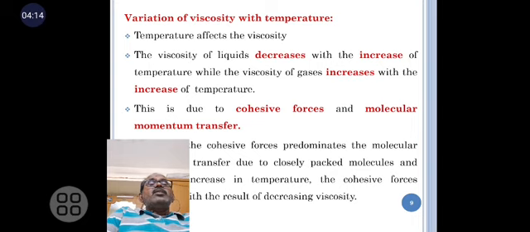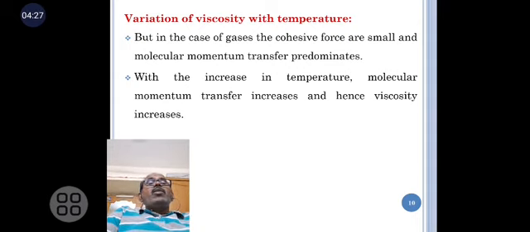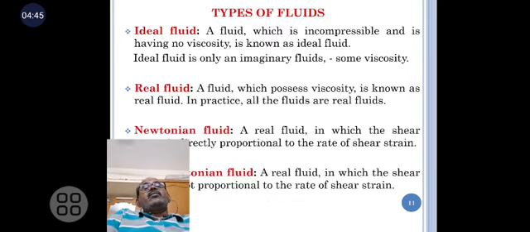So with increase in temperature, the cohesive forces gradually decrease, resulting in decreasing viscosity. But in the case of gas, the cohesive force is small and molecular momentum transfer is predominant. With increase in temperature, the molecular momentum transfer increases, hence viscosity increases.